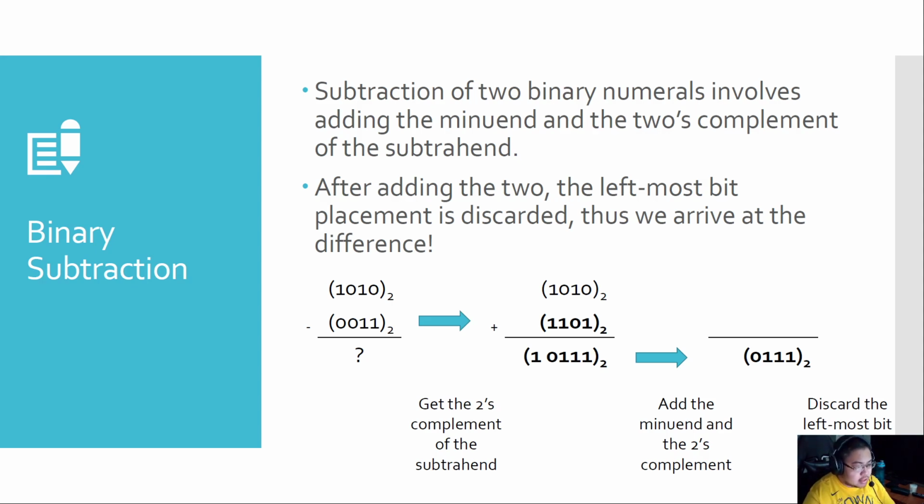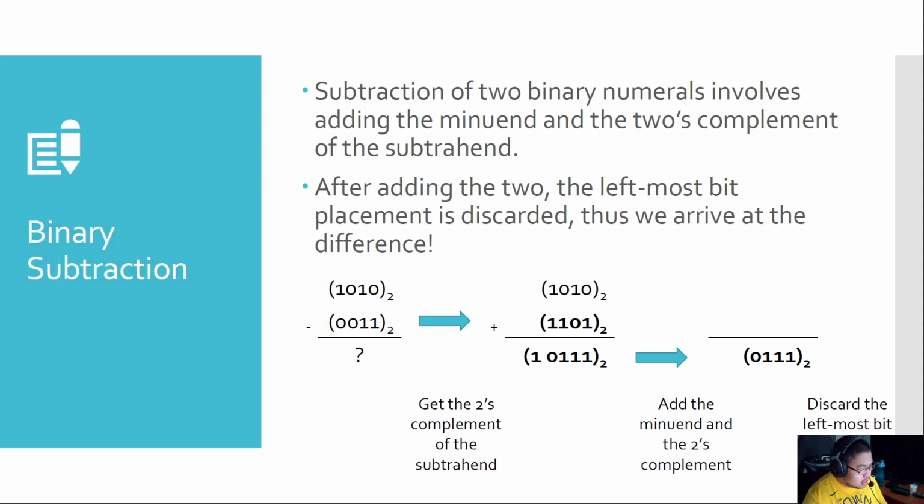Thus, we arrive at the difference. So let's see this example. So this is the minuend and this is the subtrahend. In the subtrahend we need to get the two's complement. Let's just add it, and this is the outcome.